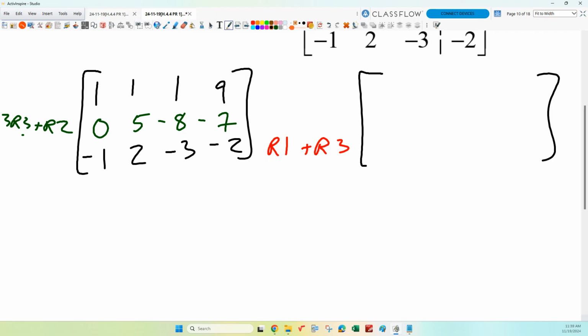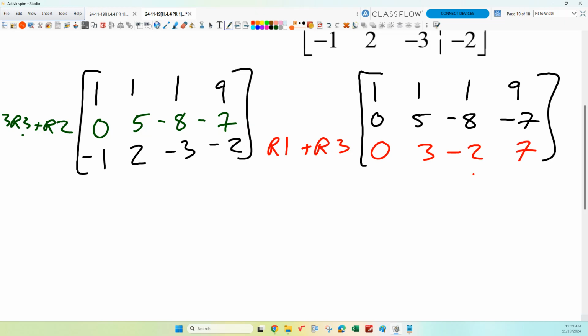Top two rows stay the same. 1, 1, 1, 9, 0, 5, negative 8, negative 7. Bottom row becomes 0. That plus that is 3. That plus that is 7. Okay, good. What's next?